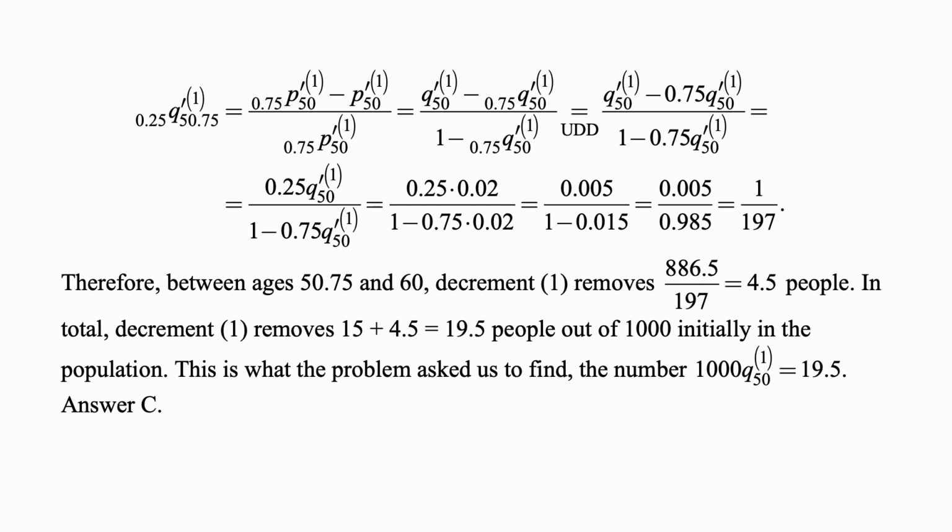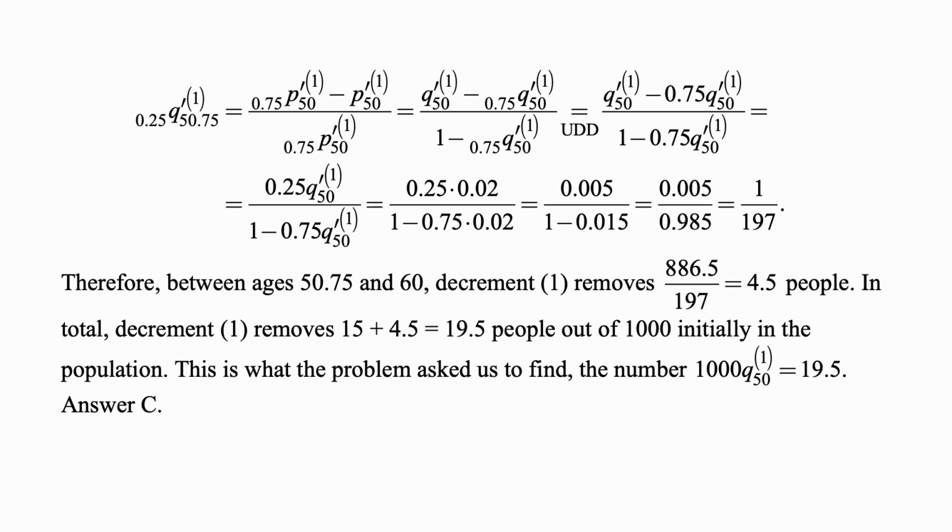Okay, so that's the top. We can just write each of the p's as 1 minus q, and when we do this, the 1's cancel, and the top becomes q prime 50 upper 1 minus 0.75 q prime 50 upper 1. You know why I did that, so that I can put 0.75 in front from a subscript, and the bottom is 1 minus q, and again the same thing. I'm putting 0.75 as a coefficient from a subscript, which is the UDD property.